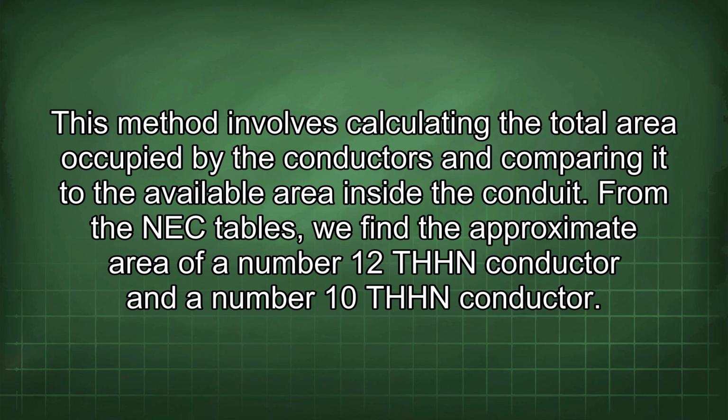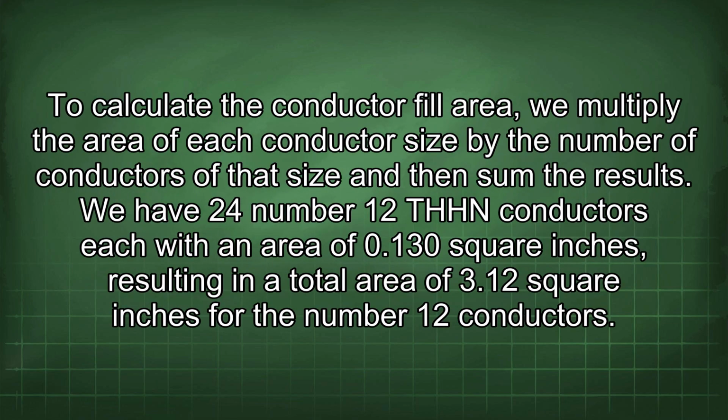From the NEC tables, we find the approximate area of a number 12 THHN conductor and a number 10 THHN conductor. To calculate the conductor fill area, we multiply the area of each conductor size by the number of conductors of that size and then sum the results. We have 24 number 12 THHN conductors, each with an area of 0.130 square inches, resulting in a total area of 3.12 square inches for the number 12 conductors.